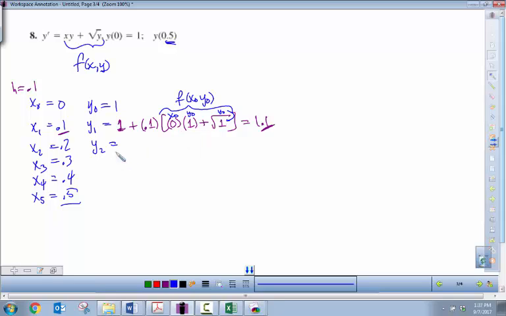Our y2 is going to be the previous y, which is y1, so that's 1.1 plus the step size of 0.1, that's your h, times the previous x naught, which is 0.1, times the y value, which is 1.1, plus a square root of the y value, which is square root of 1.1. So $1.216. Okay.